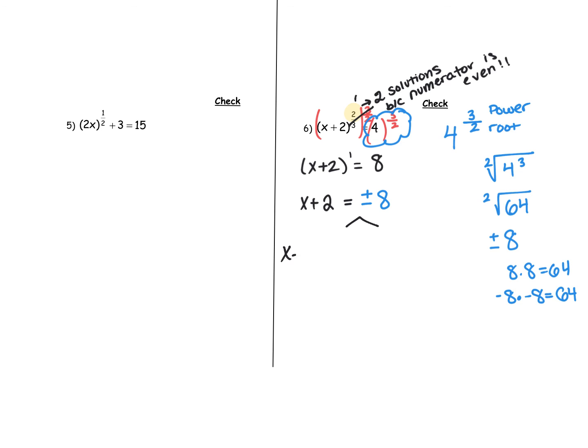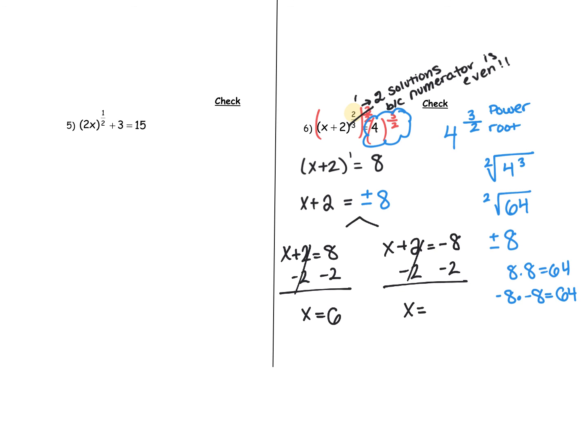So you're going to have x plus 2 equals 8, and you're going to have x plus 2 equals negative 8. And then you're going to solve. So you're going to subtract 2 on both sides, and we have x is equal to 6. And we're going to subtract 2 on both sides, and we'll have x is equal to negative 10. So we will have two solutions here.